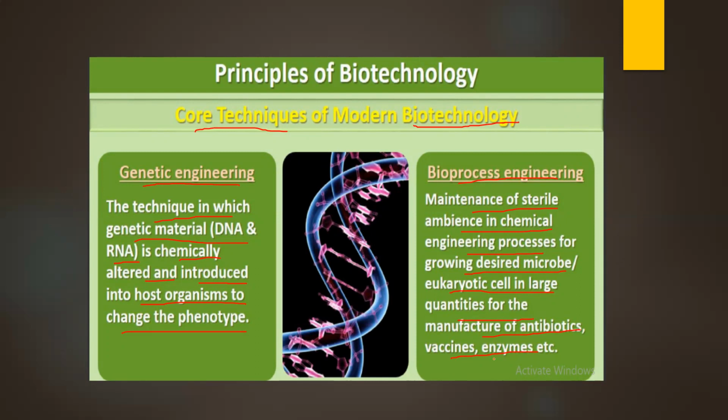These are produced through microbes or eukaryotic cells. These cells need to multiply or grow, and they require a sterile ambience. So maintenance of sterile ambience is also one of the core techniques of biotechnology.